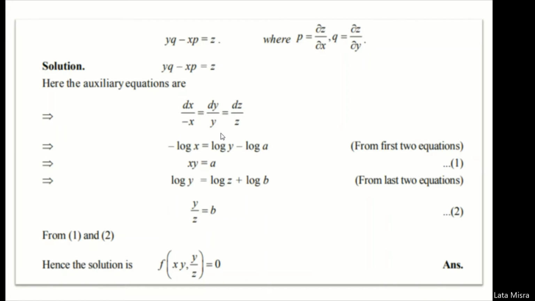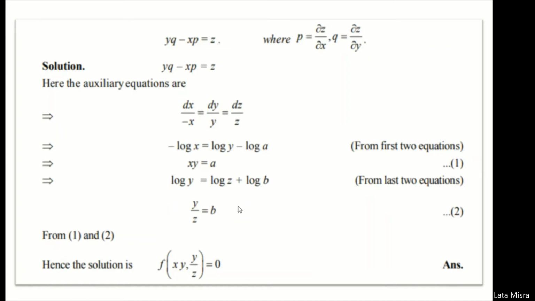So we choose the first two equations, dx/(-x) = dy/y. By the variable separation method we integrate the terms and we get xy = a. Similarly, we choose the last two equations, that is dy/y = dz/z, and again we integrate the terms and get y/z = b.